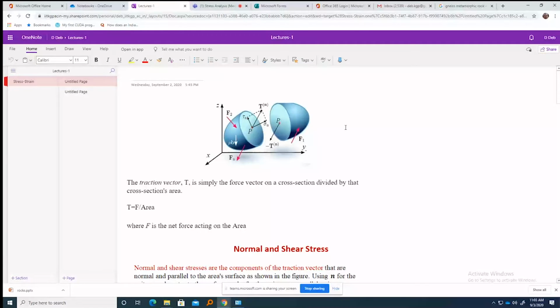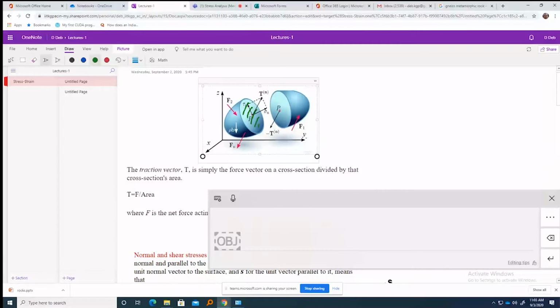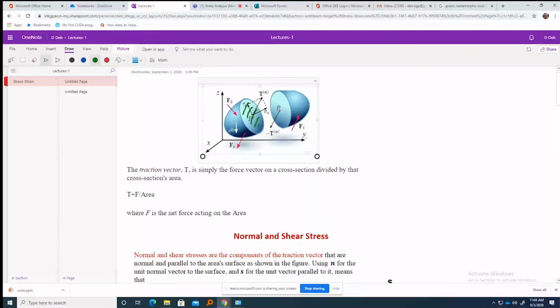Now, what is traction? We start from there. The traction vector is basically a force acting on an area, and this force divided by the area is what we call traction.